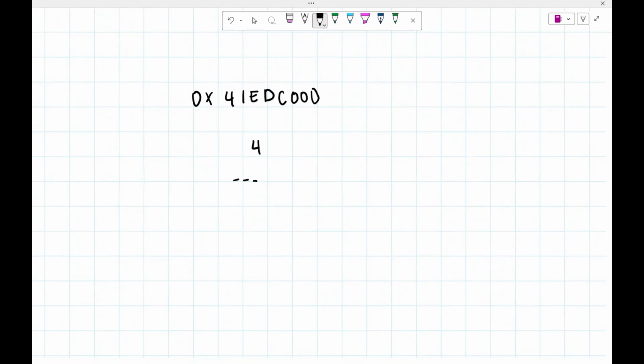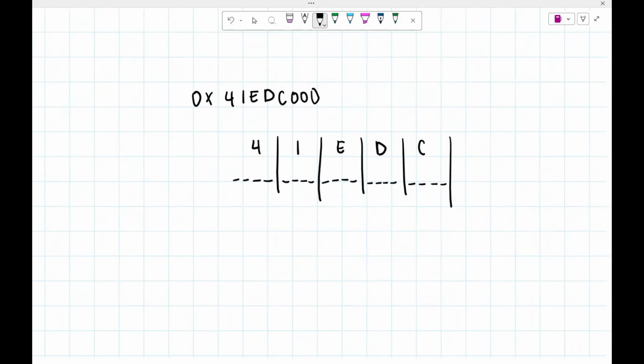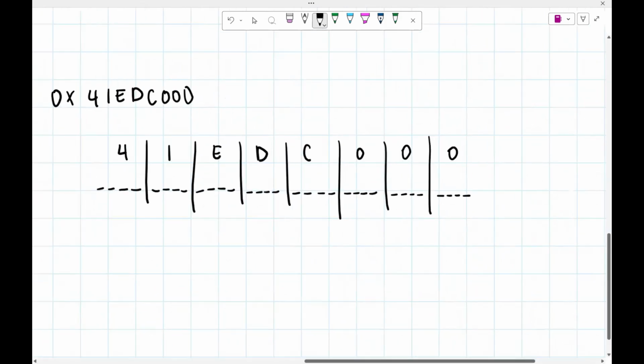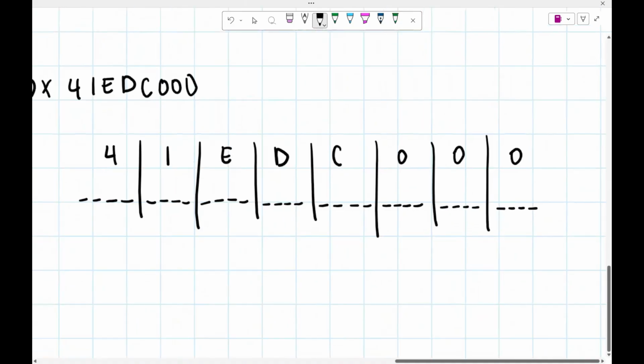And again, we give them 4 bits each, and then we just convert it to binary.